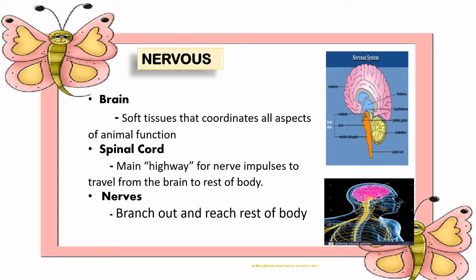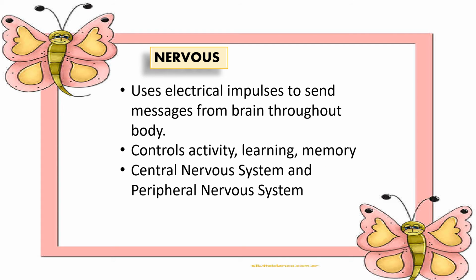Each function and structure of our brain is important. Okay. So, the nervous system uses electrical impulses to send messages from the brain throughout the body, controls activity, learning, memory, the central nervous system, and the peripheral nervous system. So they play an important role in our body.